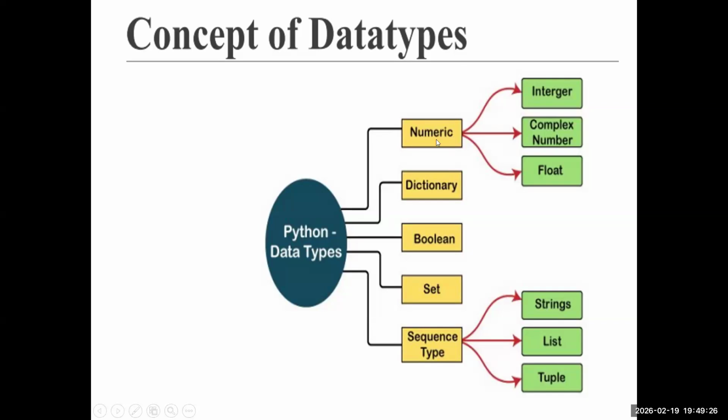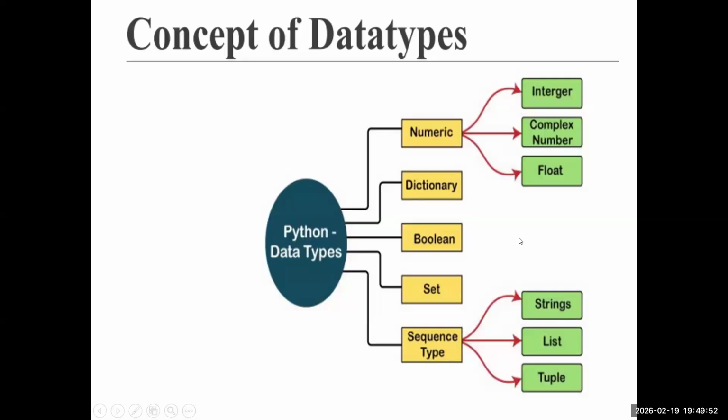The numeric means integer, float, and complex number, and Boolean is a primary type, and the sequence type and the string is a primary type of Python. And Python has complex data types also. The complex data types are dictionary, set, list, tuple.